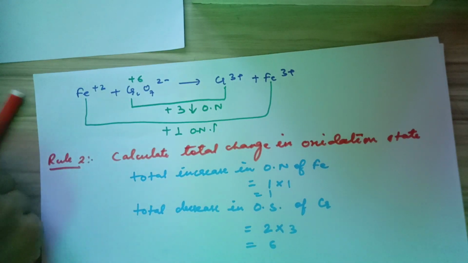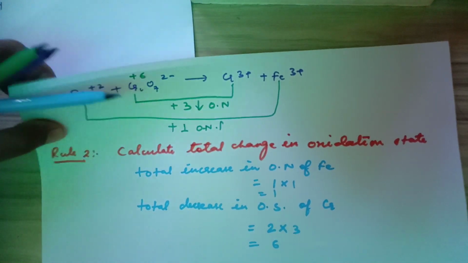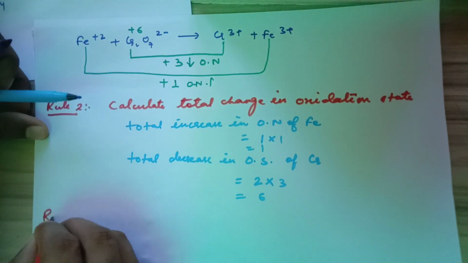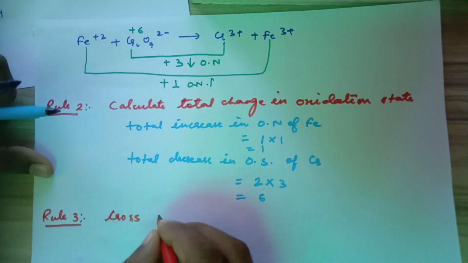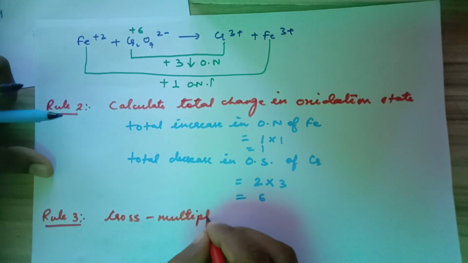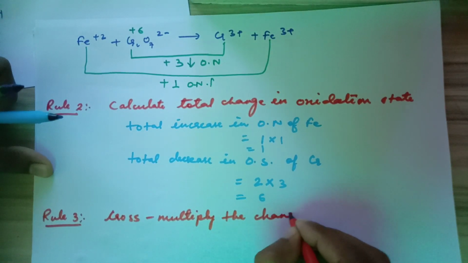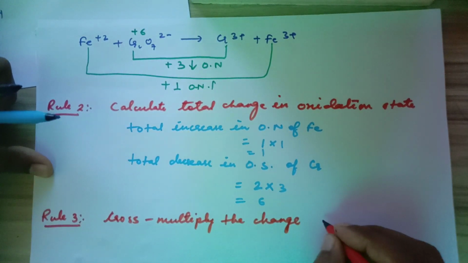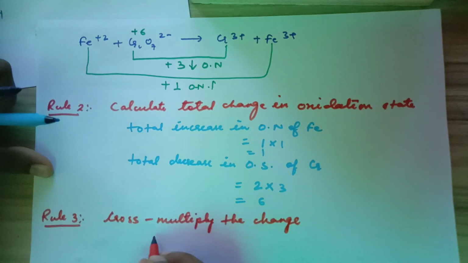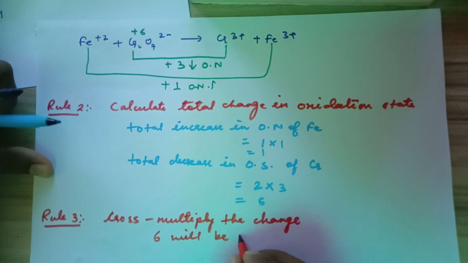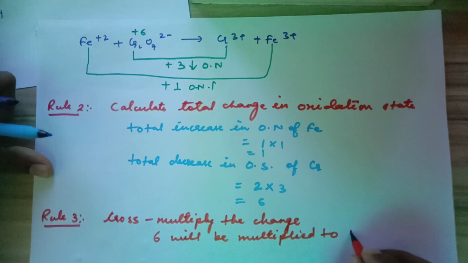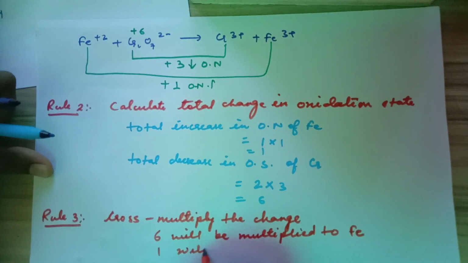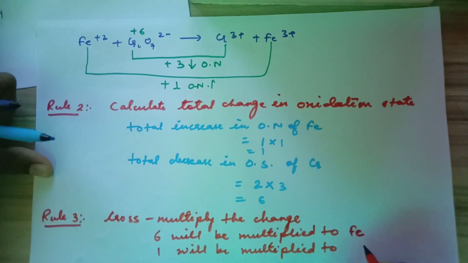So the third rule, rule number 3, cross multiply the change. 6 will be multiplied to iron and 1 will be multiplied to chromium.